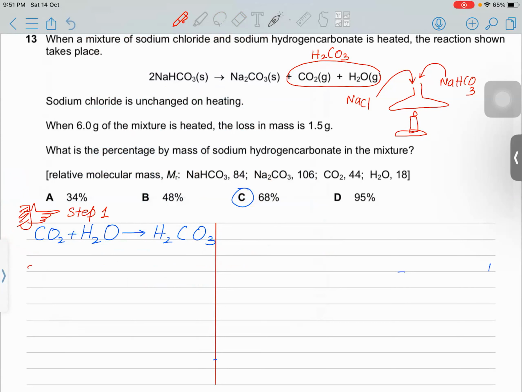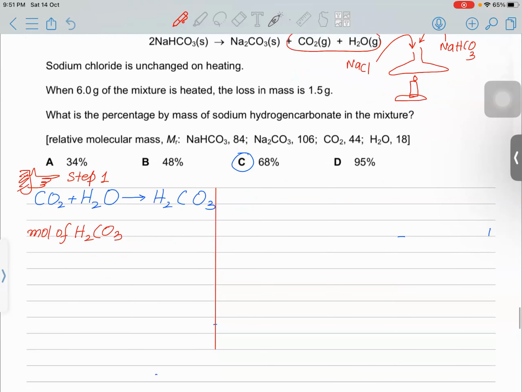So first of all, find the mole of H2CO3. Can you repeat the Mr of H2CO3 again? 62. Mole is equal to 1.5, because this is the mass of H2CO3.